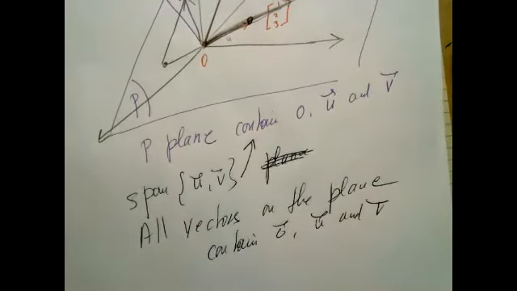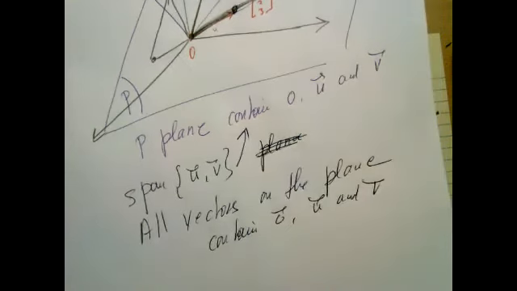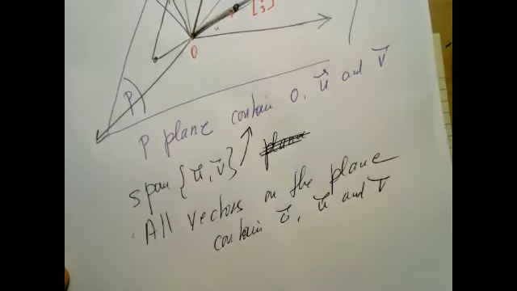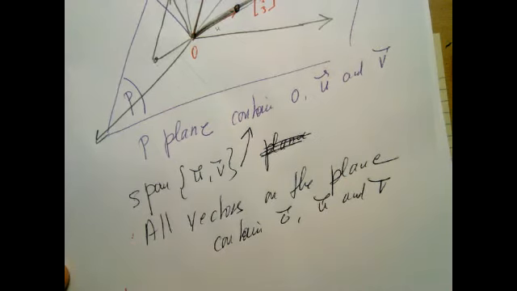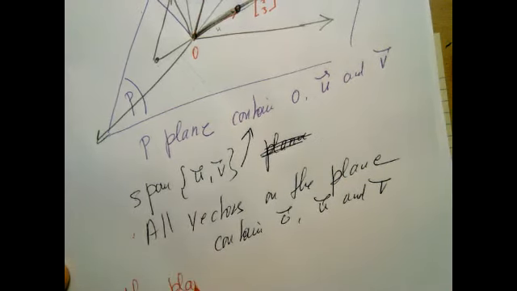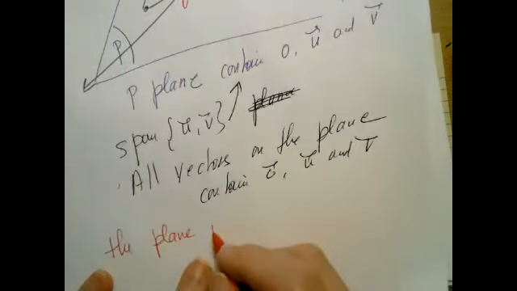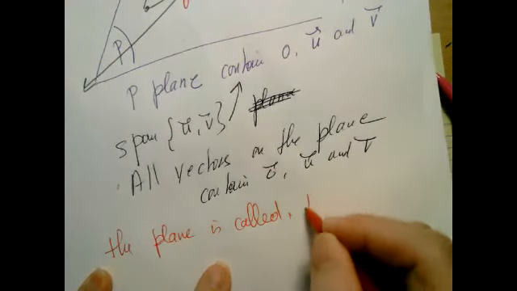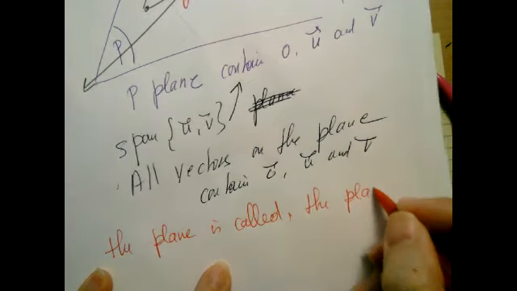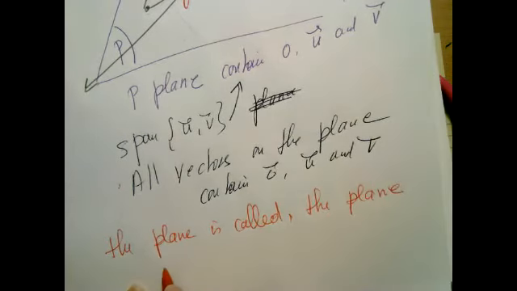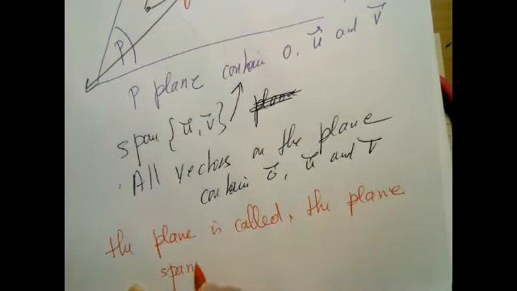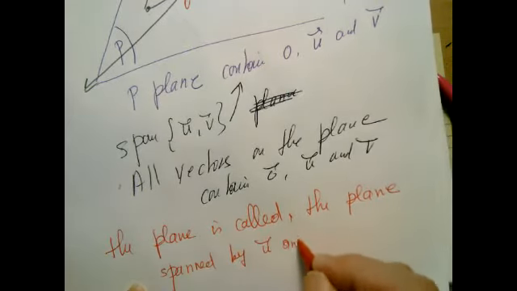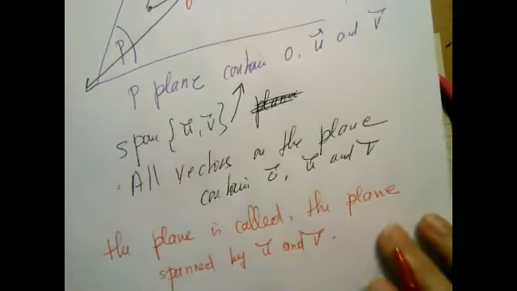And this plane has a name. This plane, which is the span of U and V, is called the plane spanned by U and V. Sometimes we give it a name and we call it the plane spanned by U and V. Okay.